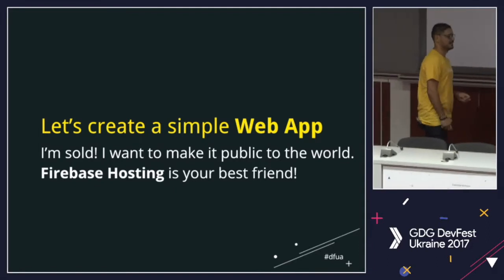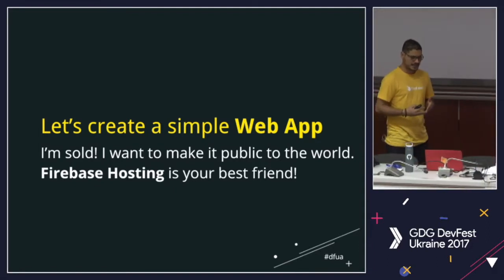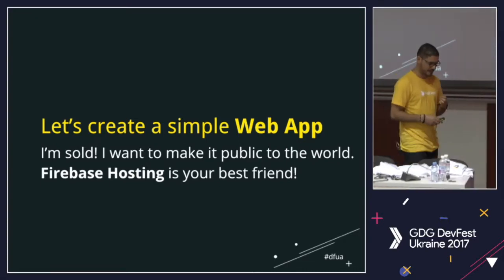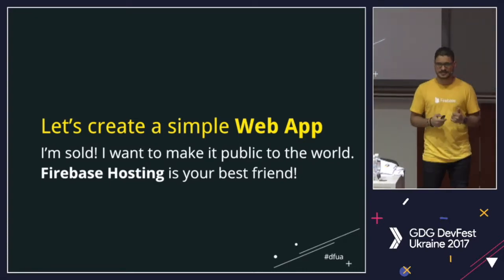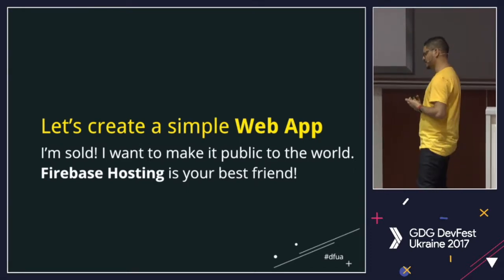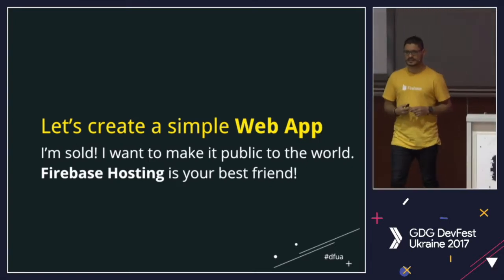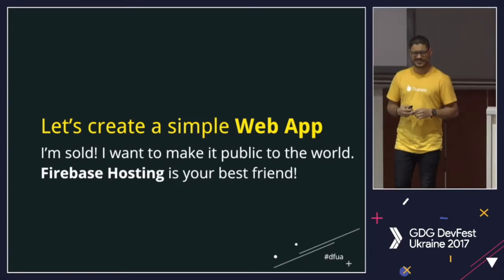All right, and then, of course, we need to host our web app. It's kind of like magic how Firebase does this. I've been looking into Firebase for a long time, and there was a company called Divshot that they acquired, and they are doing really well.